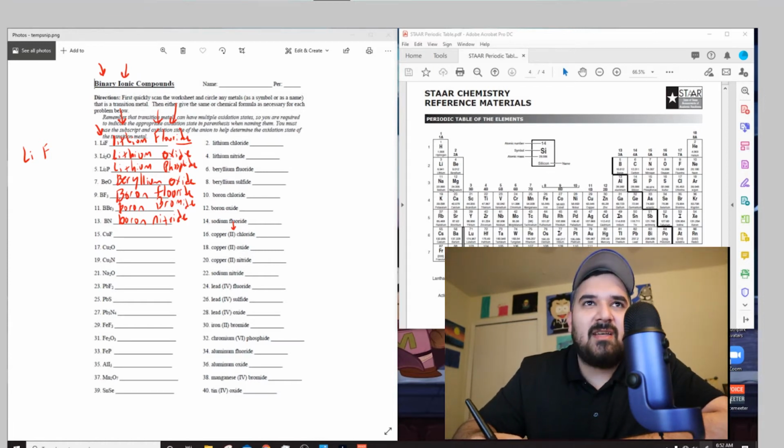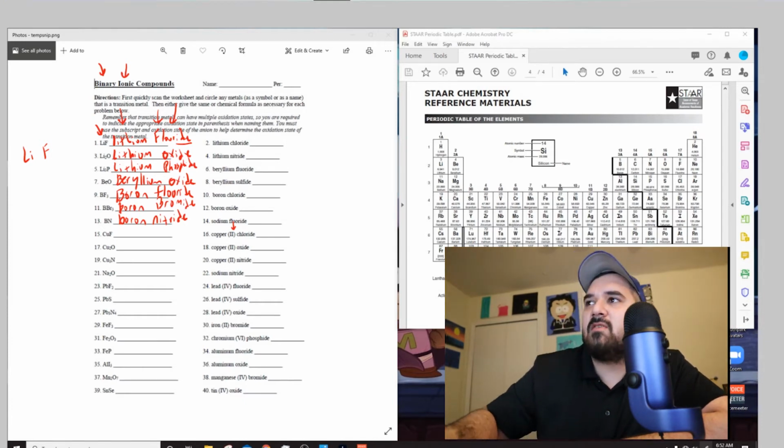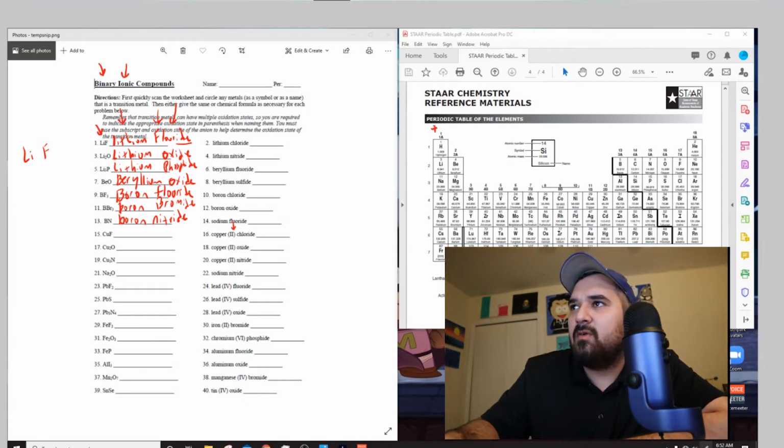To do that, you're going to need to know the charges. For this one, it's pretty easy. Fluorine has a charge of -1. So let me write out the charges. We know this is +1, +2, +3, plus or minus 4, -3, -2, -1.